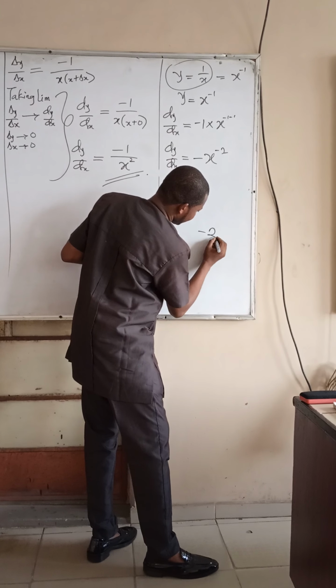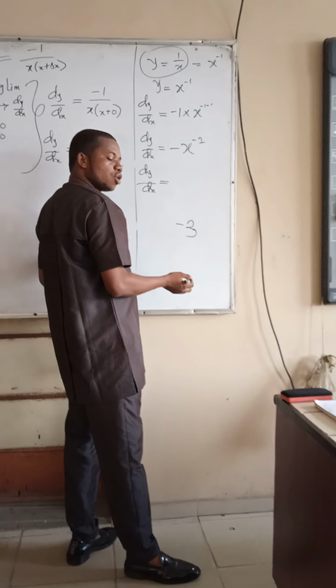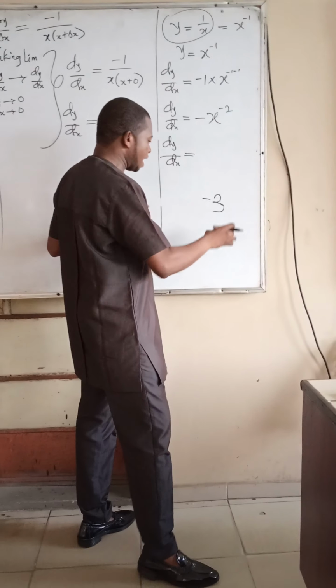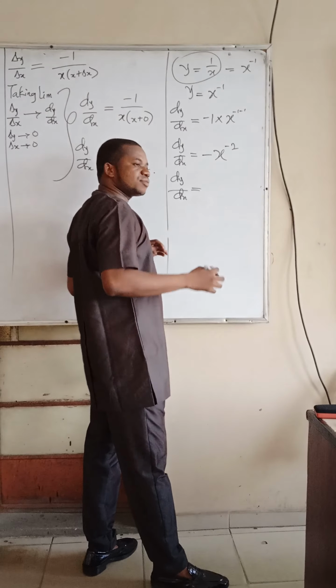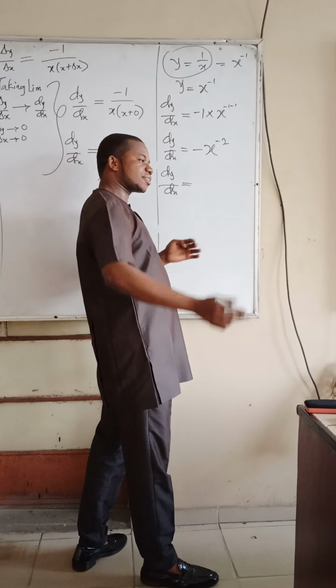And if it is 3, negative 3. But if it is attached to a number, a quantity, any letter at all, that is where the concept of minus comes in. Let's assume you are having this. This is where you can call this minus 2 plus 3. Another way to say this is 3 minus 2. But if it is standing on its own, it becomes negative. That is the right way.